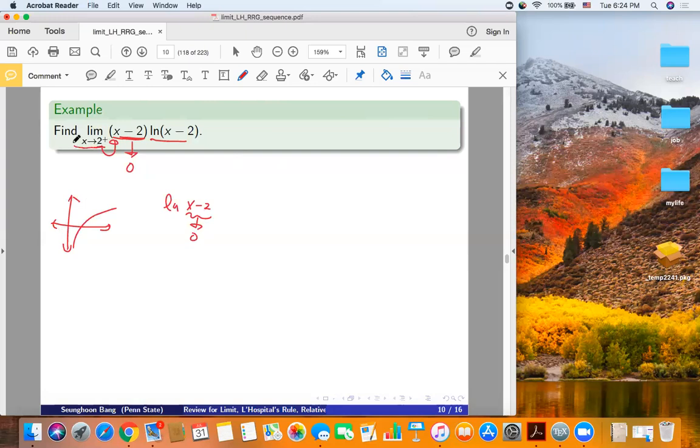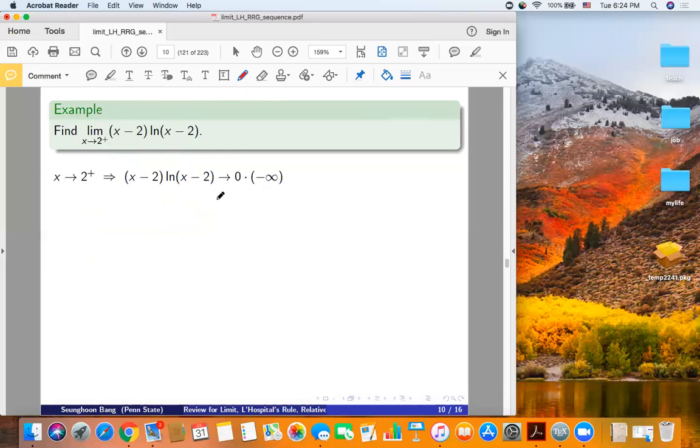The inside approaches 0, and the ln function goes to minus infinity. So this is going to minus infinity, which is exactly a 0 times infinity form.